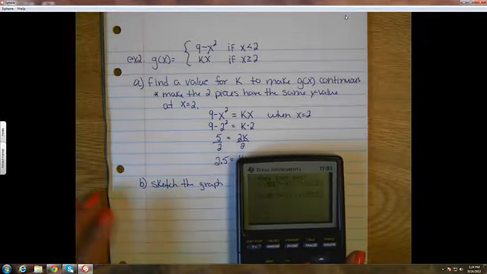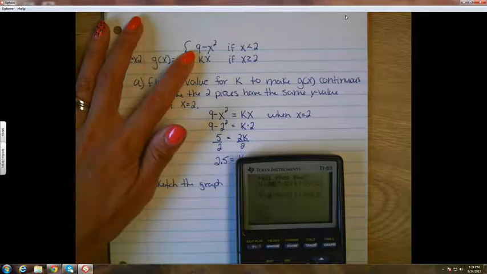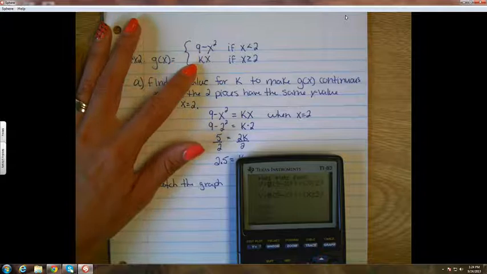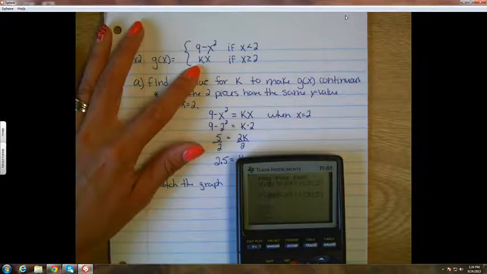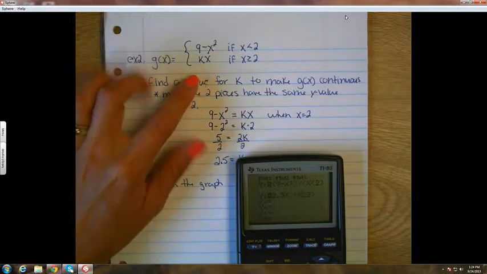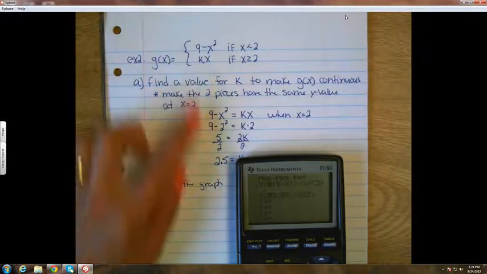We want 9 minus x squared for x is less than 2. Well, that's kind of nice. It was kind of left in there from last time. Down here, I want to delete. What do we find k? K is 2.5 x, and then divide by x is greater than or equal. So all I did was replace the k with the 2.5 that we found.